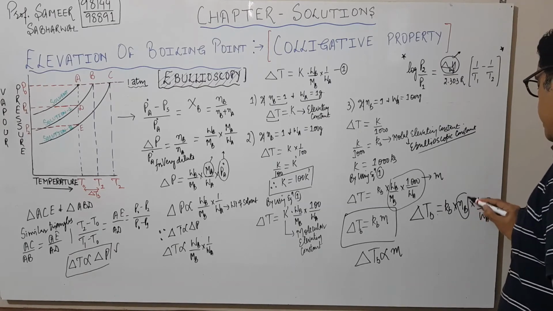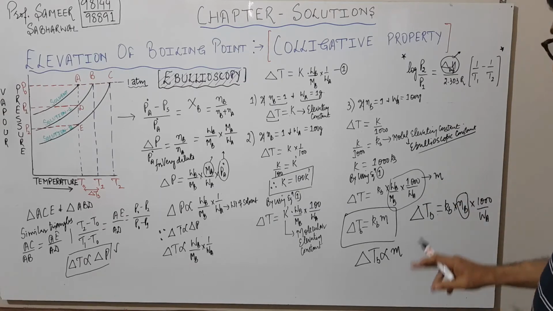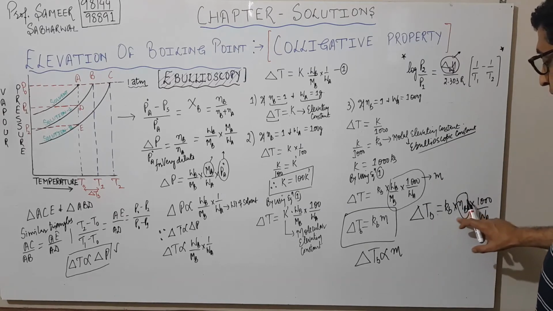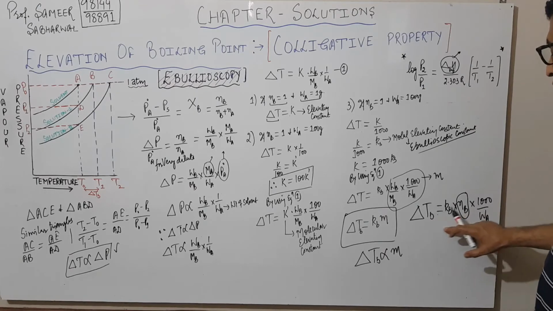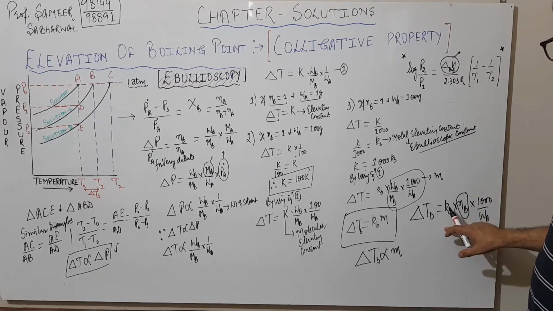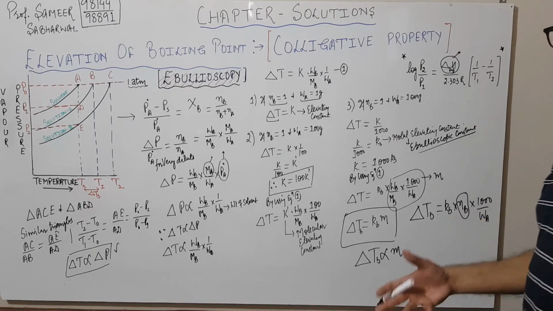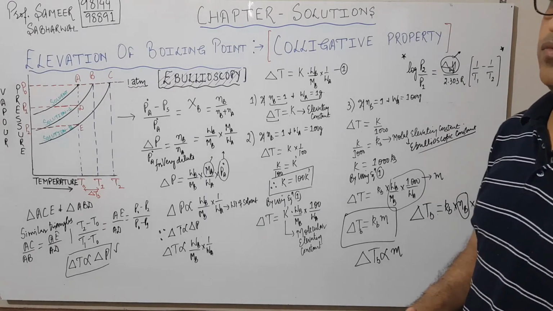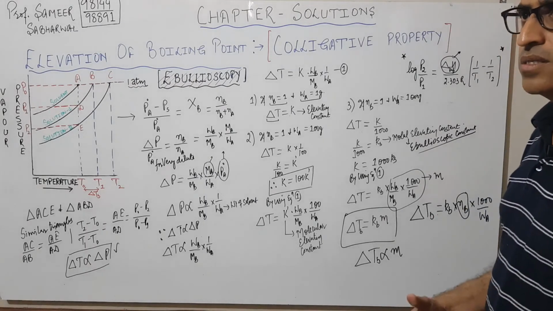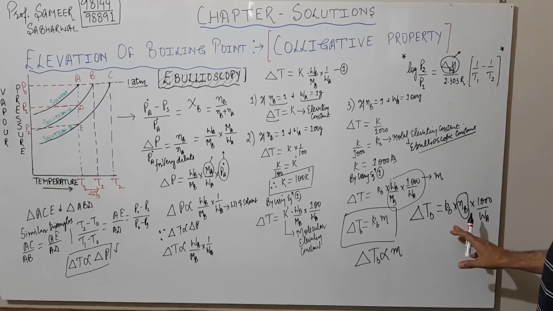See, this elevation of boiling point depends on the number of moles of the solute. I do not mention here which solute, so it is not concerned with the nature of the solute. It is concerned with the number of moles of solute.